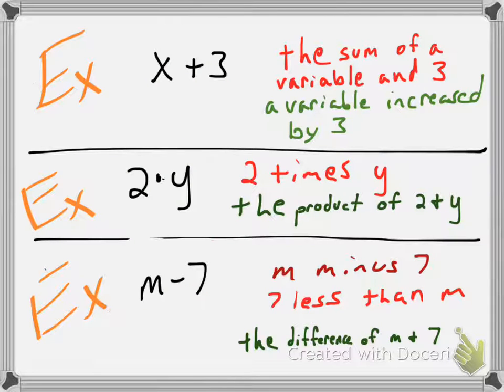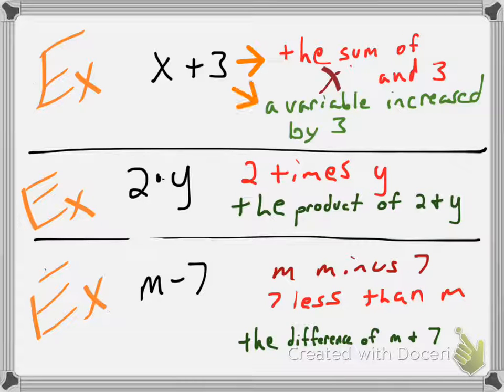Alright, there are some examples of how to write these in words. X plus 3. Let's do this one first. The sum of a variable and 3. Now you don't have to put a variable in; you could put the sum of x and 3. And that's fine.